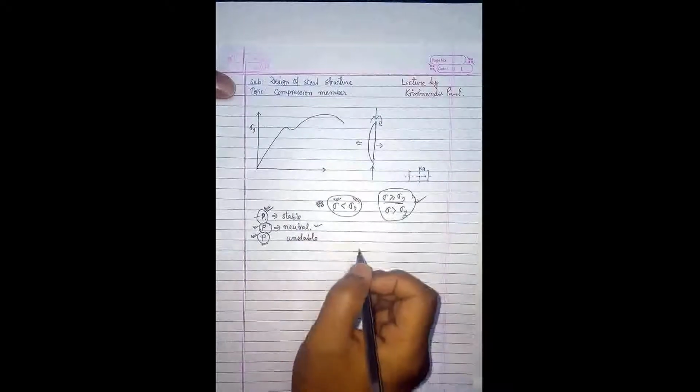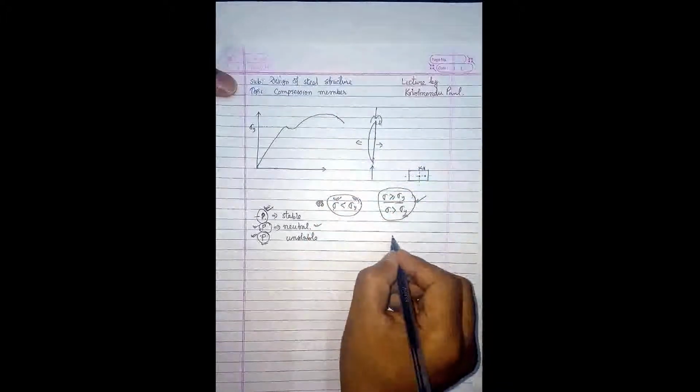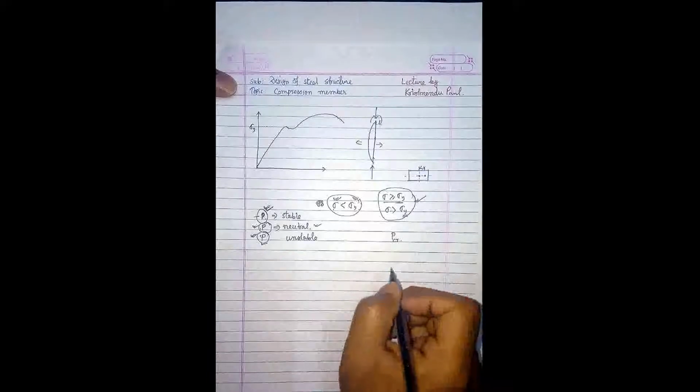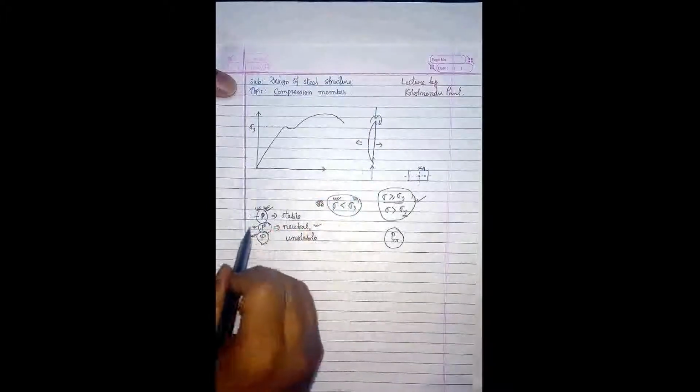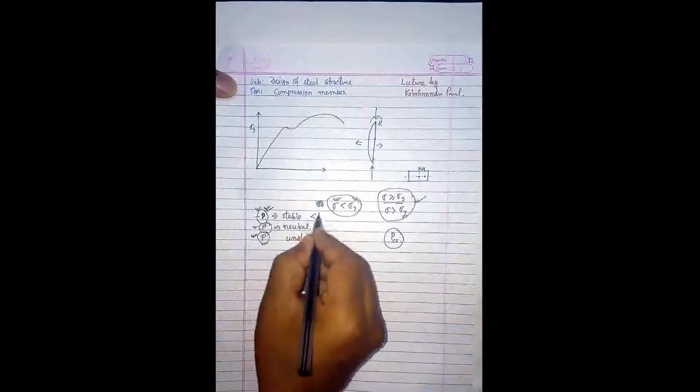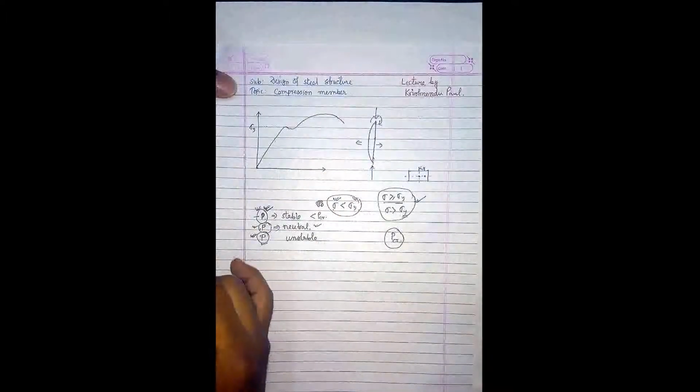I think there is some confusion about this, so to clear it, let us take an example. Suppose for this particular member, P shear is the buckling load or crippling load. If we apply some load less than P shear, it will regain its initial position.